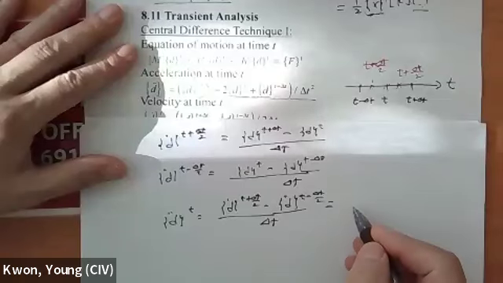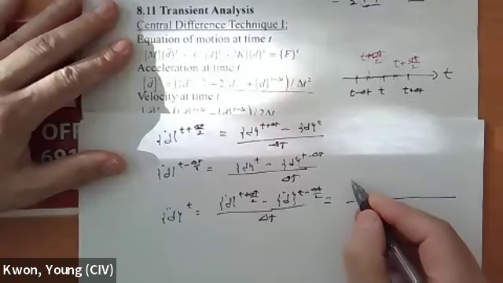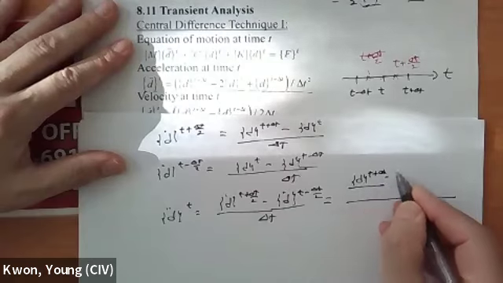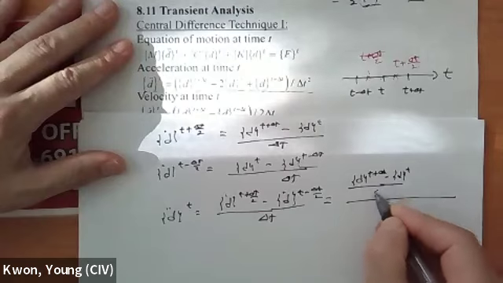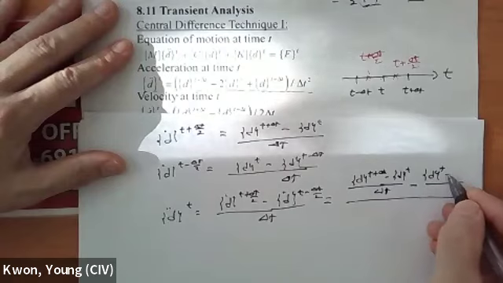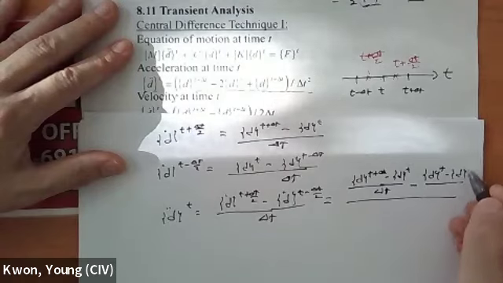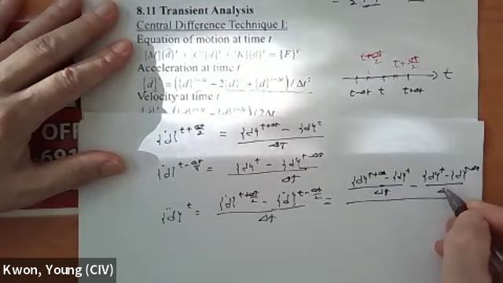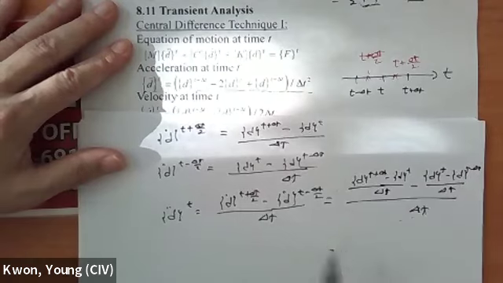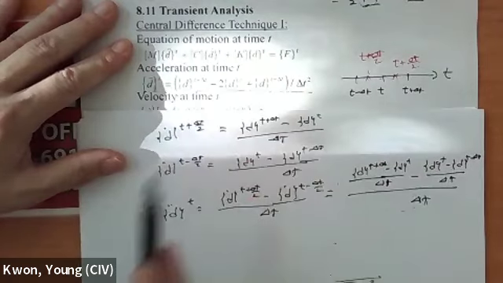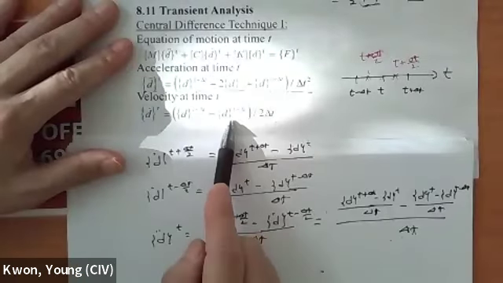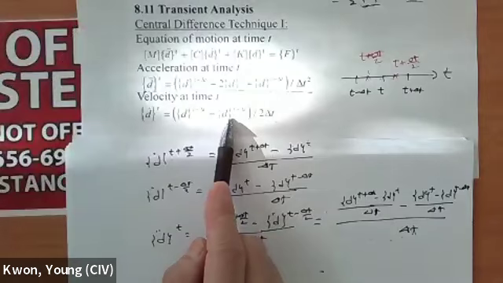Now, if you plug this here, d(t plus delta t) minus d(t) over delta t minus d(t) minus d(t minus delta t) over delta t, all over delta t. If you simplify that, that's going to be exactly the same as this one. Okay, so that's second order derivative. That's the first order derivative. So far, so good.